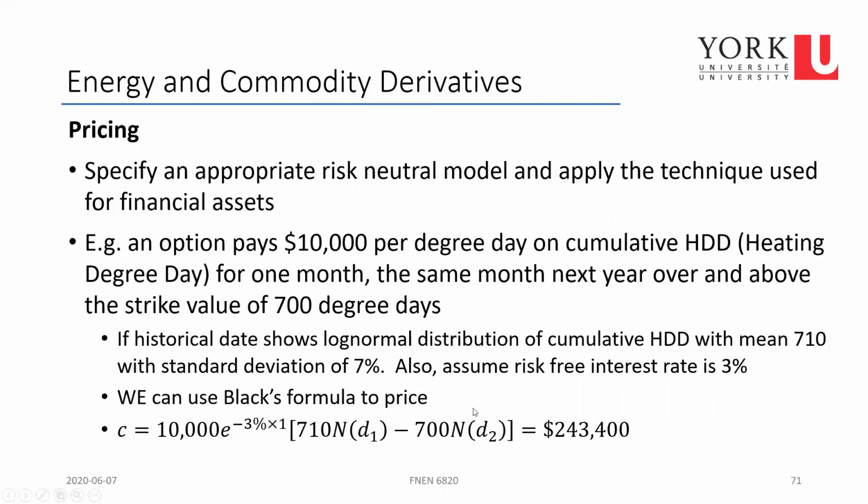We just use the mean as F naught here, the strike is 700, and the notional is $10,000 per degree day. This basically calculates the value per degree day of that option. And then from here, we know that the price of this particular option will be $243,400.